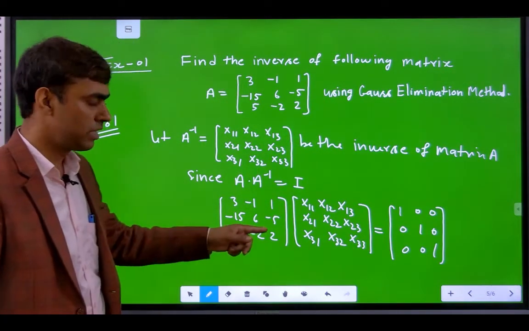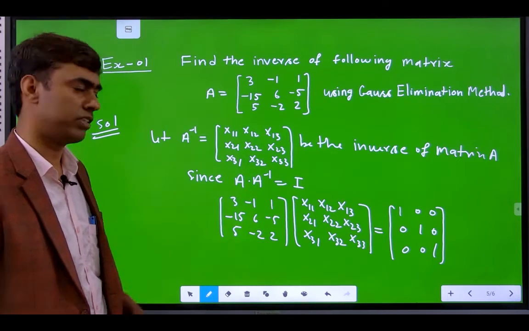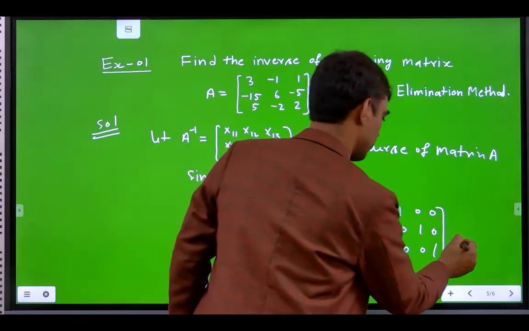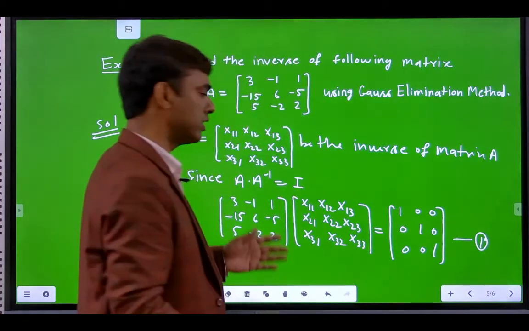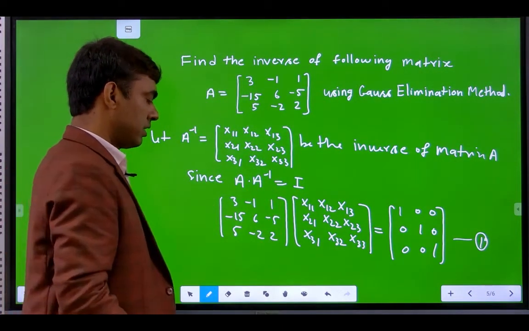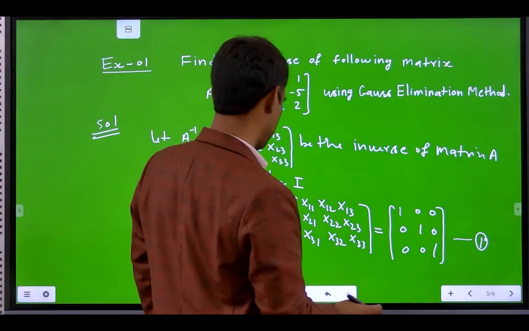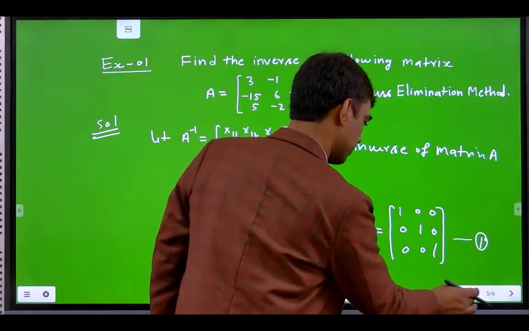Now we convert this equation into a set of three systems of linear equations. So what is the first system of linear equations?